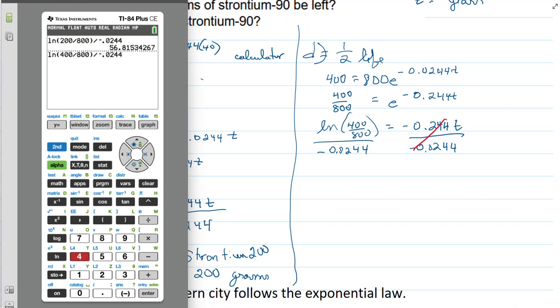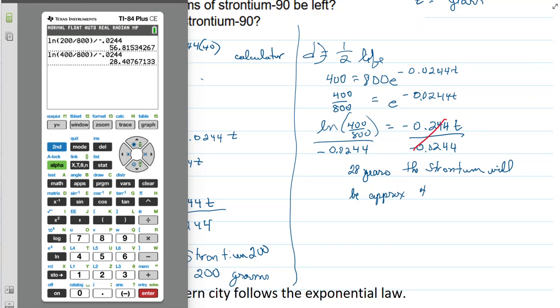Off one of my zeros. Have that on the notes. Right.